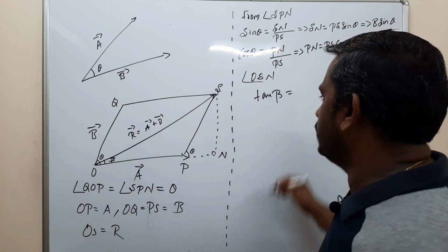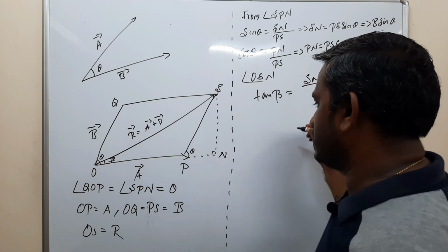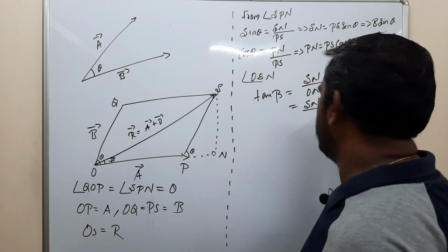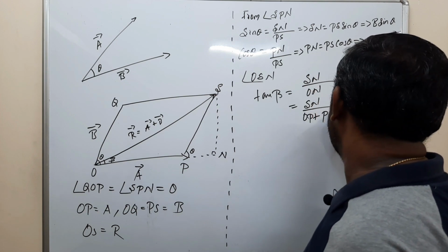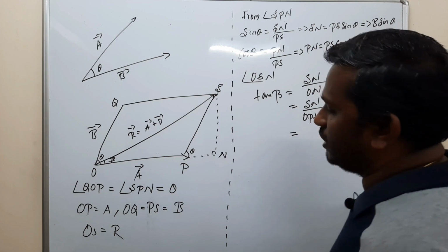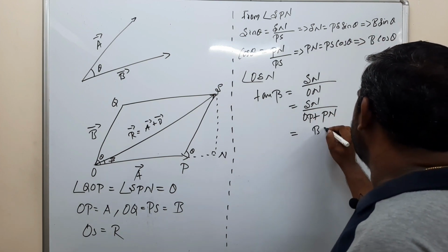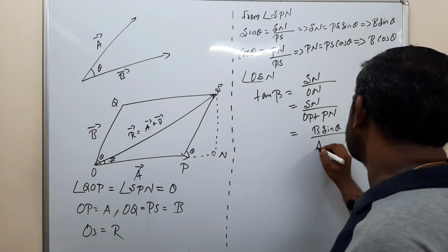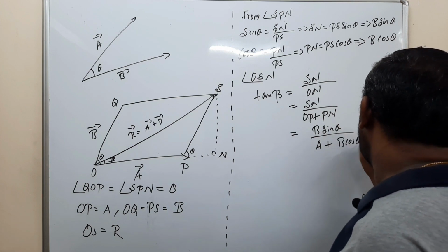tan beta is equal to the opposite side Sn by the hypotenuse, that is On. So that's equal to Sn by On, that is OP plus Pn. What is Sn? Sn is b sin theta. What is OP? That is a, plus Pn, that is b cos theta.